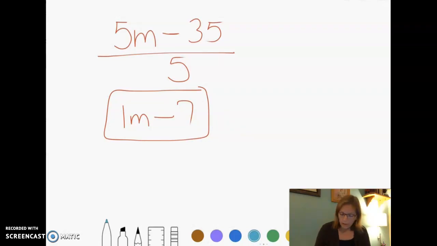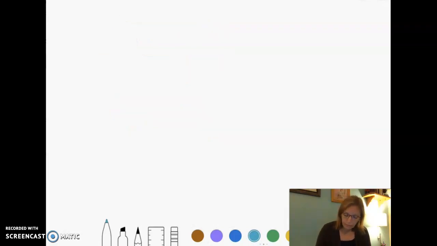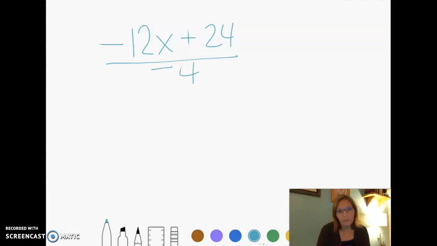So I might have negative 12x plus 24, all divided by a negative 4. All right, so now I'm going to divide that negative 4 into everything that's on top.